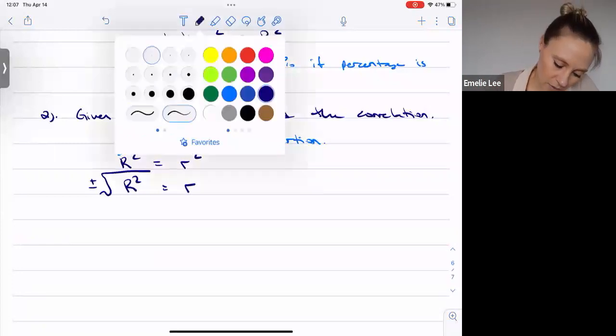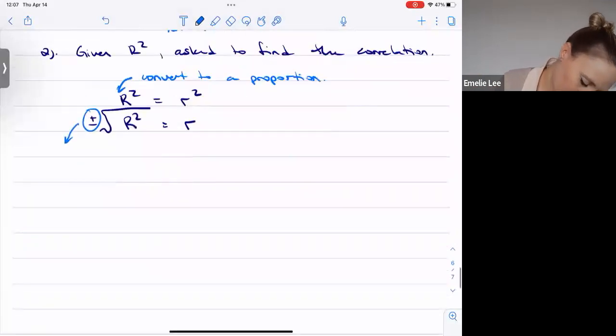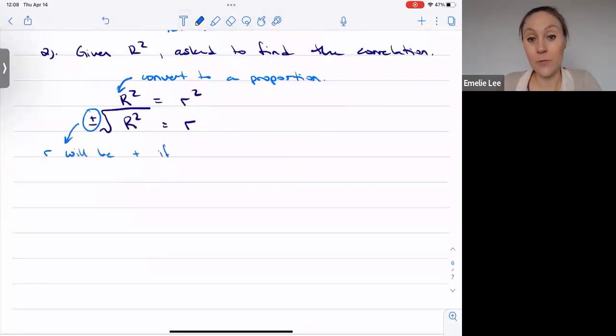So here, R will be positive if the relationship is positive. Remember, the correlation is the strength and the direction of a linear relationship. So you make it positive if you have a positive relationship. And you can get that from the slope. If the slope is positive, then you have a positive relationship, which we do in this case.